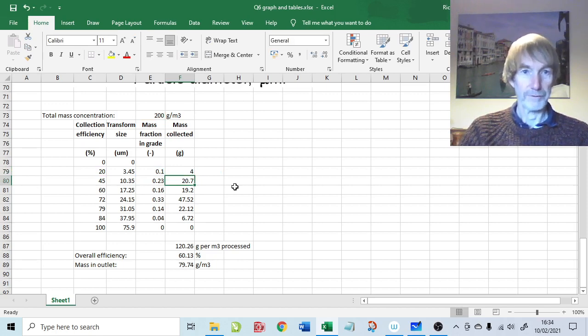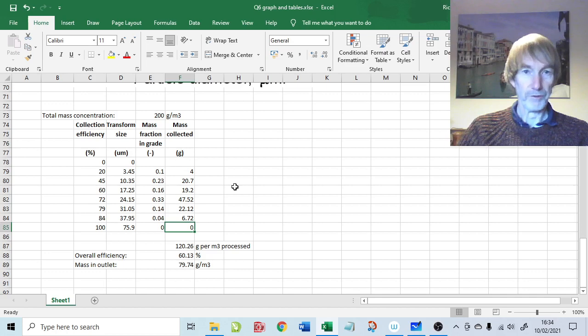So we have 4 grams being collected per every metre cubed of gas that goes through the industrial cyclone. And that's 20.7 grams being collected, and we can come all the way down here.